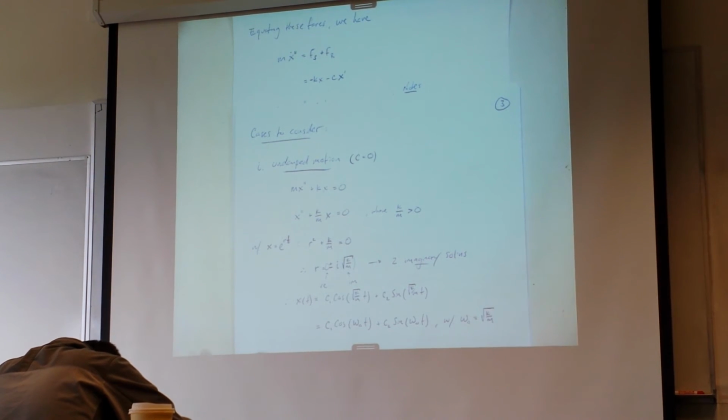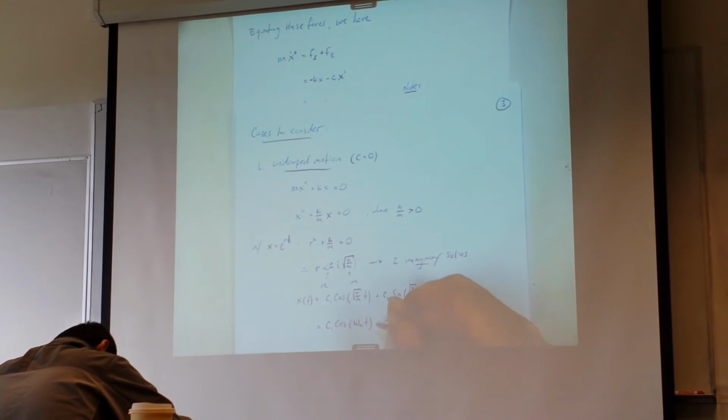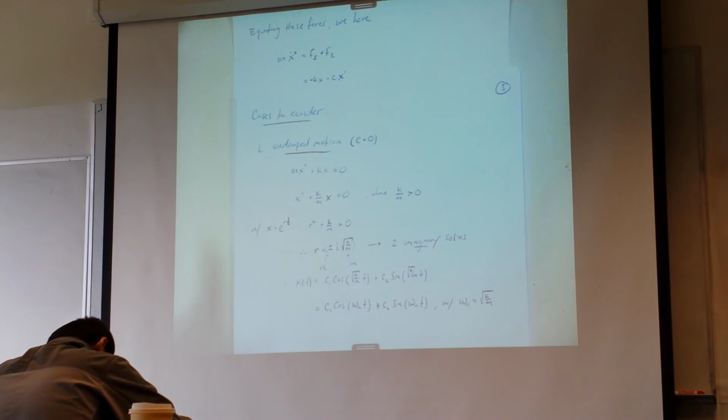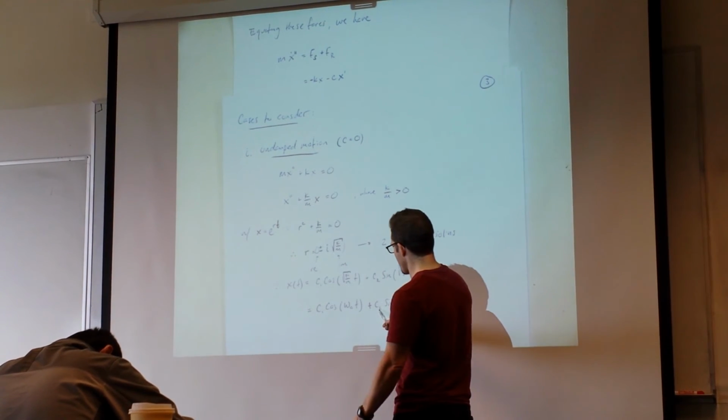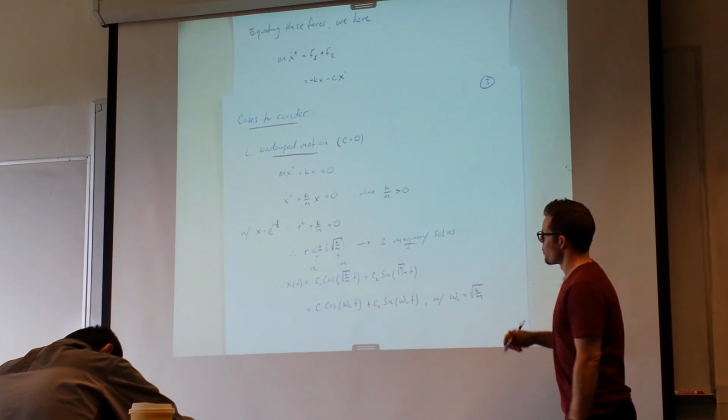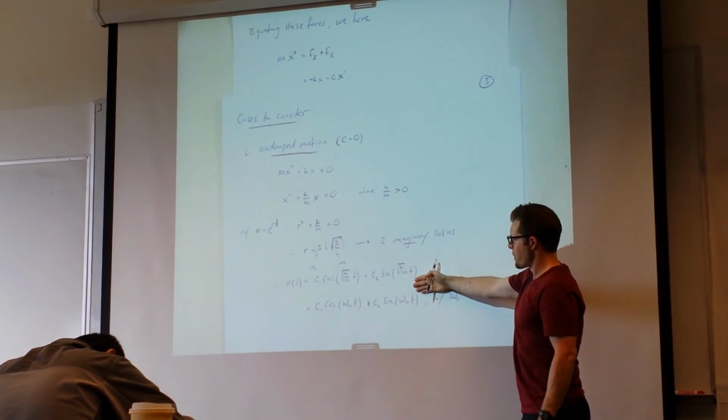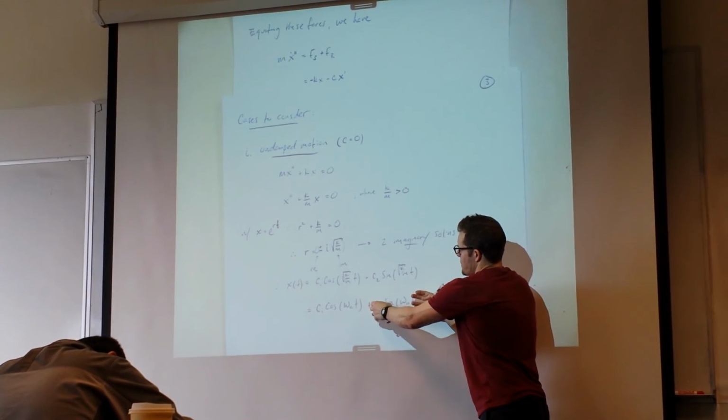Shouldn't one of them be negative in there? The plus or minus? The C should take care of it, because in the general solution, C could be a positive or negative constant. So we did a little bit of the derivation where these come from.